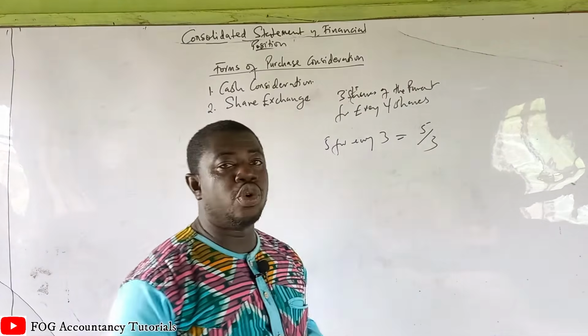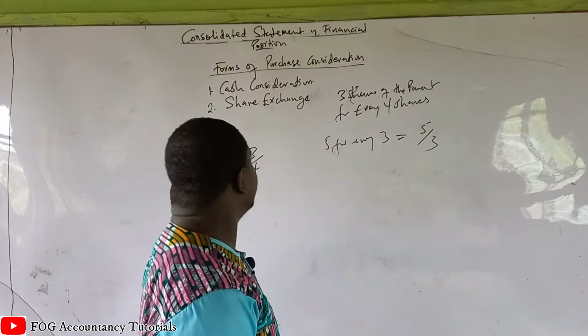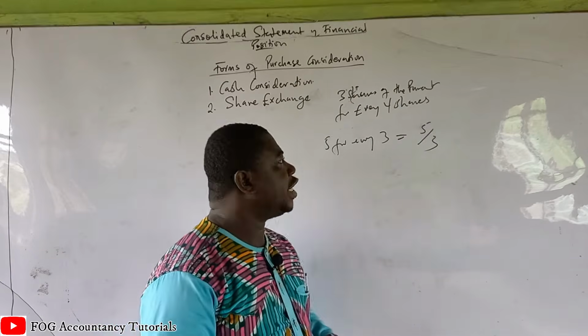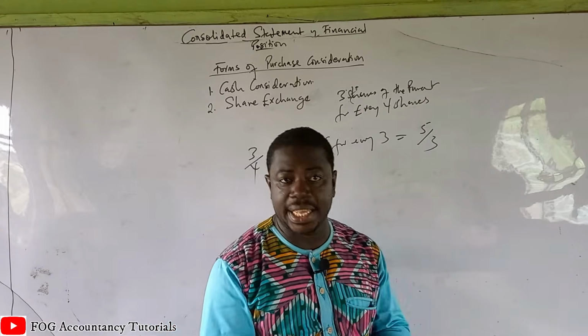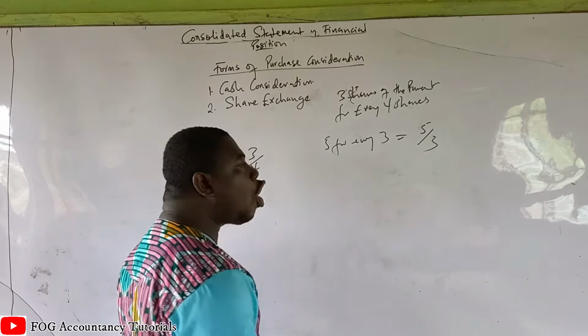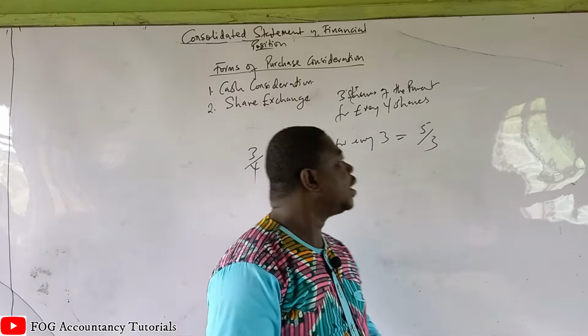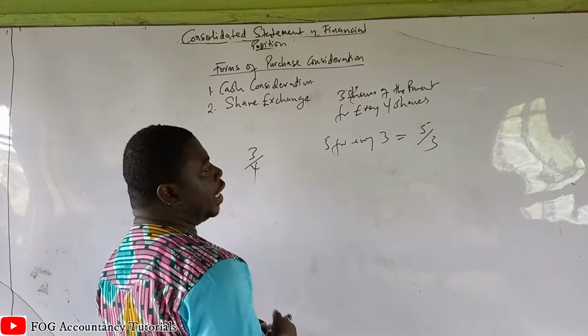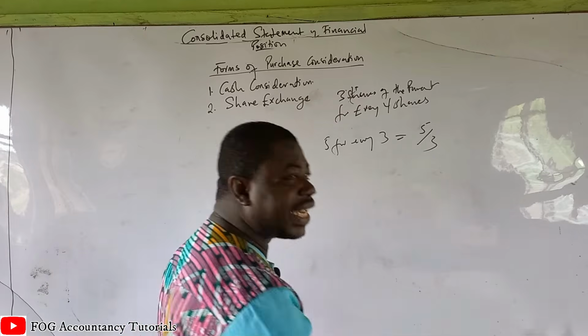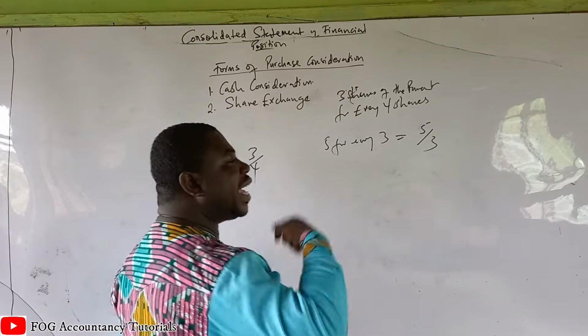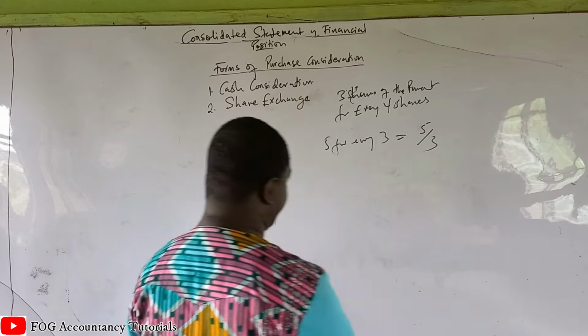That is the meaning. So, in order to calculate your purchase consideration using the share exchange, they will tell you something like P company acquired shares in S company limited by paying, let's say, 50,000 shares at a value of, let's say, 3 Ghana cedis by exchanging 3 for every 4 shares in the company.